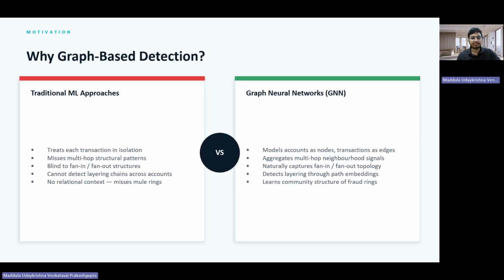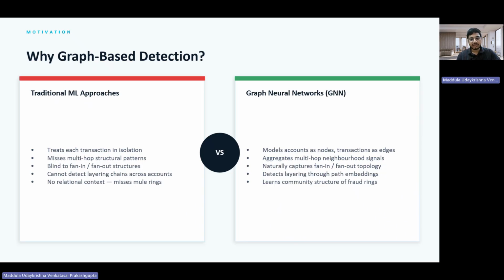So why use graph-based detection to find these mule accounts? Traditional machine learning fails here because it reads each transaction independently and cannot see relationships between accounts. This is the fundamental thing missing in machine learning. We use graph neural networks to find the patterns across the transactions, and we can detect them easily.